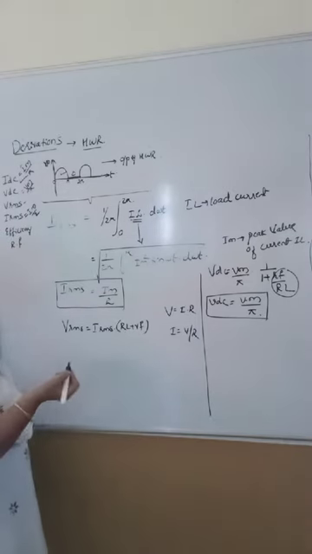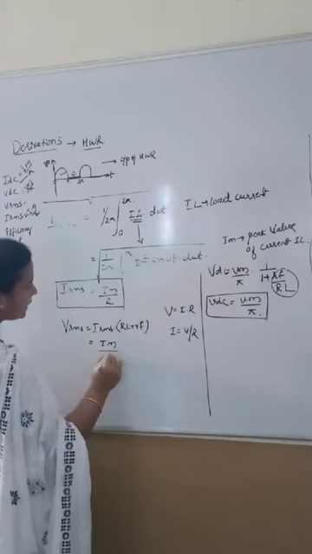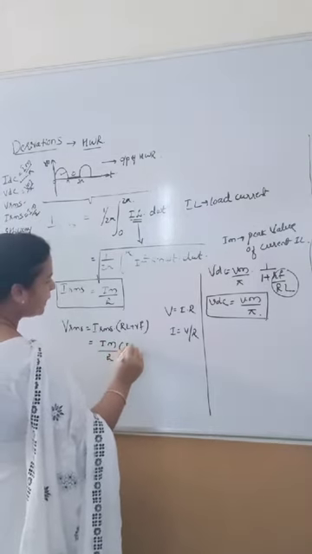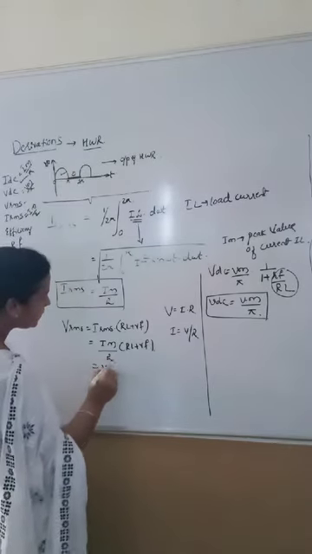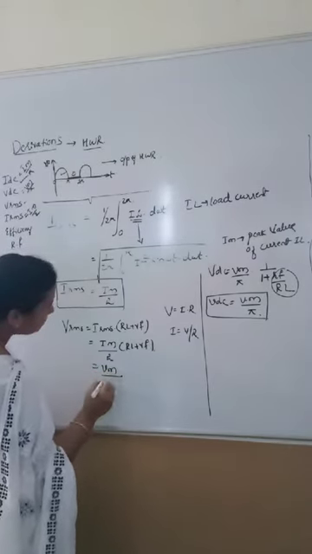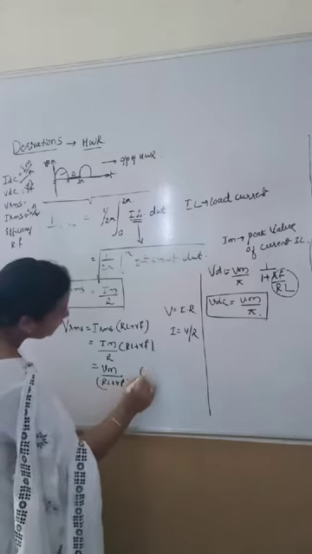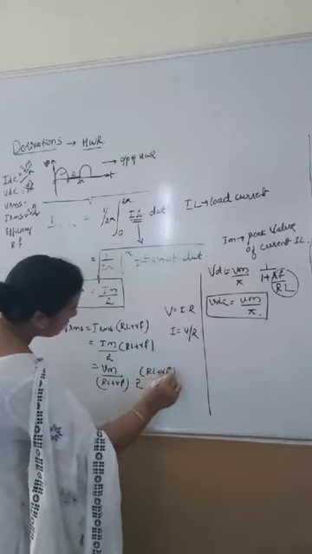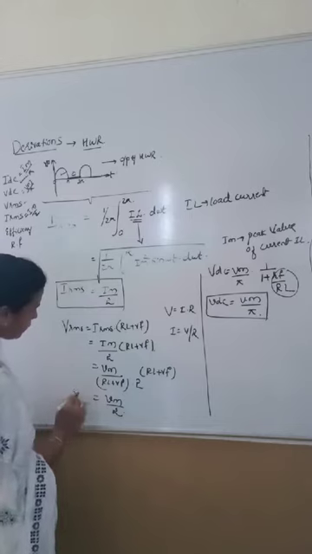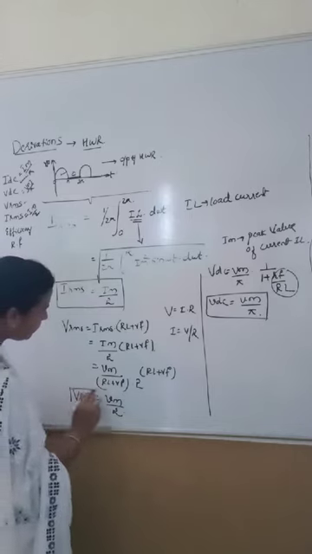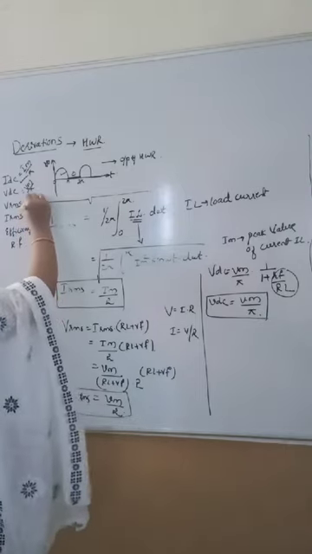Irms value you substitute: it is Im by 2 into RL plus RF. Then Im is going to be Vm divided by RL plus RF, into 2, into RL plus RF. This is going to be Vm by 2. So Vrms value is going to be Vm by 2. Hope you understood this.